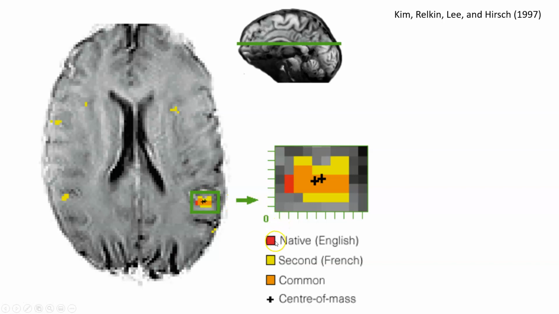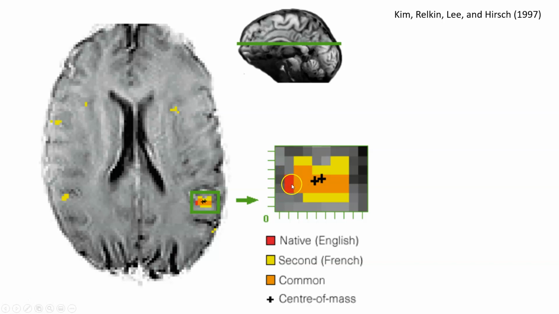You see in this study that the red and the yellow represent the native and second languages that these individuals speak, but the orange areas are the overlapping areas in the brain where both languages use the same portions, the same cells in Wernicke's area, but some of the components of the language are stored in separate areas of the brain.